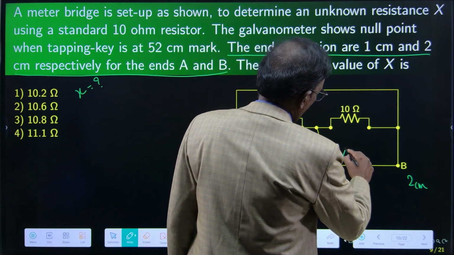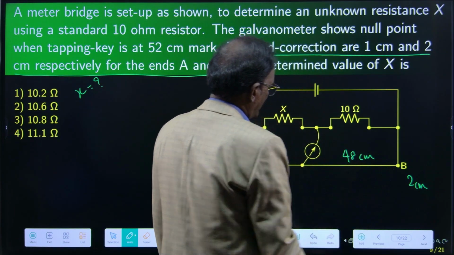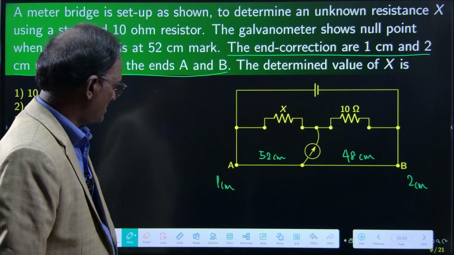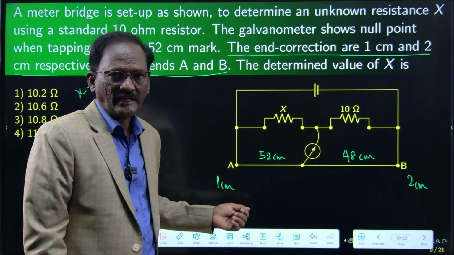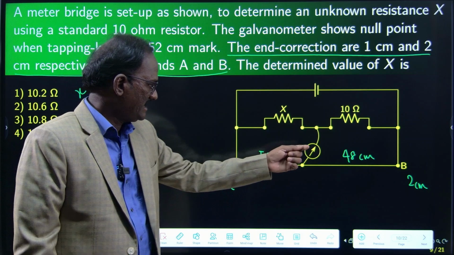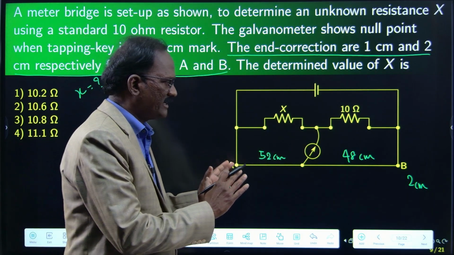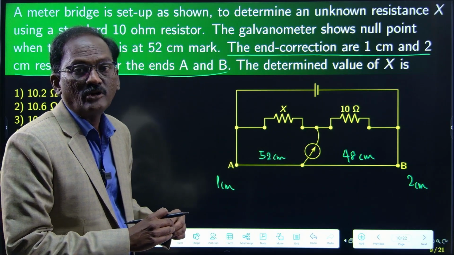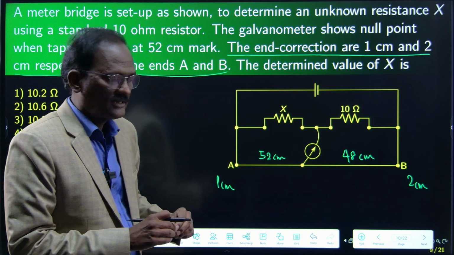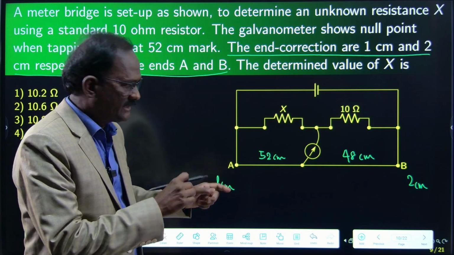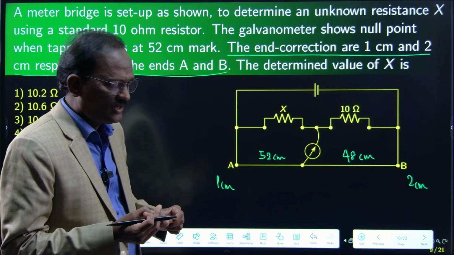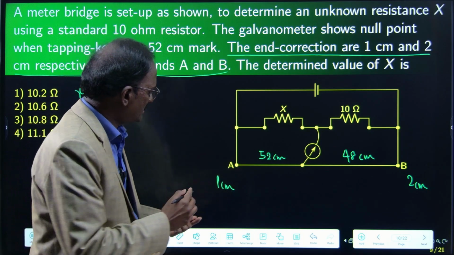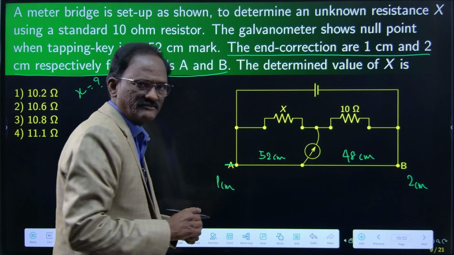So then this must be 48 centimeter, right? 100 centimeter total length, 1 meter. So end correction. This is one wire, slide wire. So the slide wire is not exactly 1 meter or 100 centimeter. When it is tightened at this end, some more length, 1 centimeter extra length is also used here.